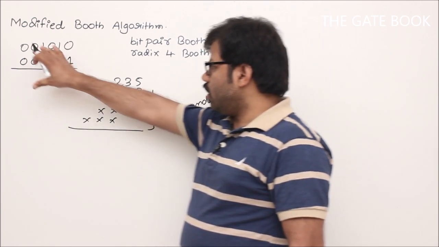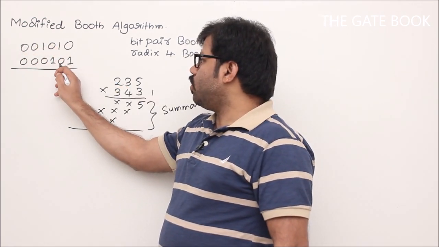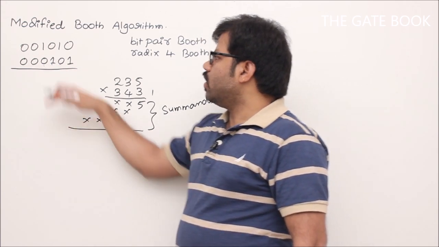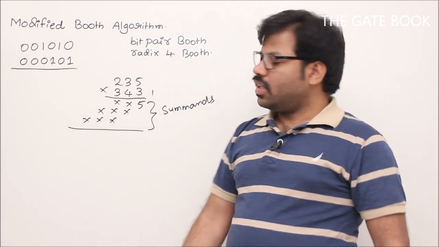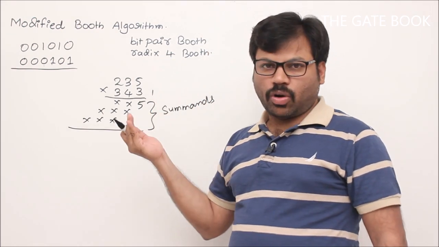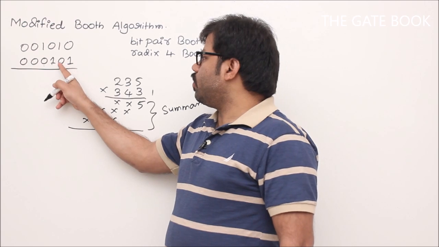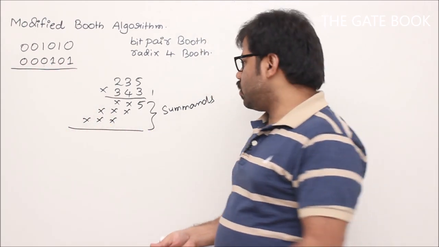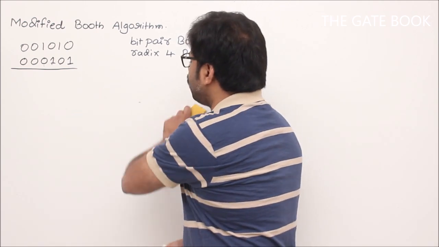But in our model, when you multiply a 6-bit multiplier with a 6-bit multiplicand, how many summands, that means partial products, are you going to get? They depend on the multiplier: 6 summands you are going to get. Of course, some of them are zeros.